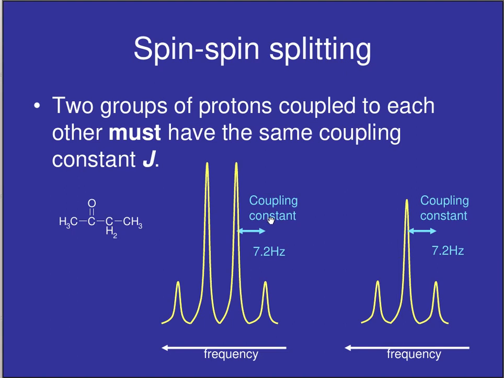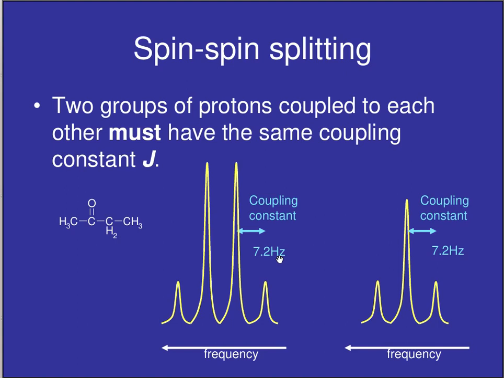It's called a coupling constant. The groups of protons coupled to each other must have the same coupling constant. So this quartet, for those which have 3 neighbors, will have the same coupling constant as the triplet, because it's got 2 neighbors, because those are interacting with each other. And so that's another thing to look out for.